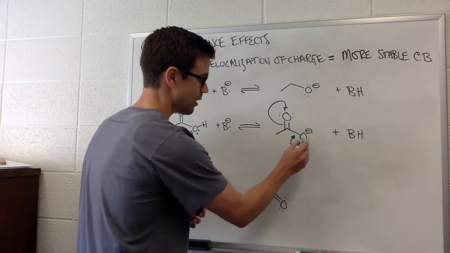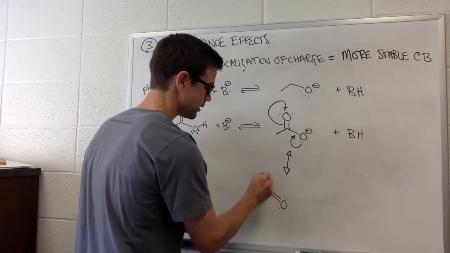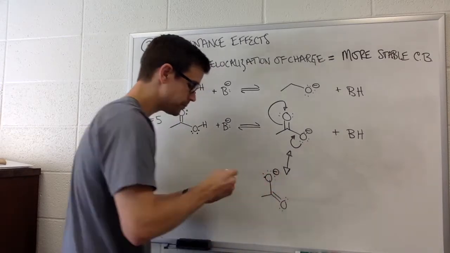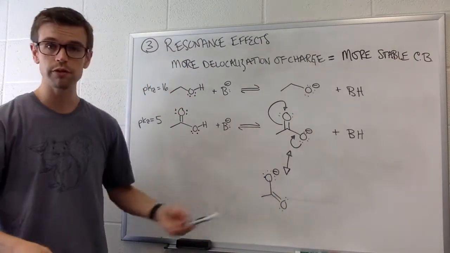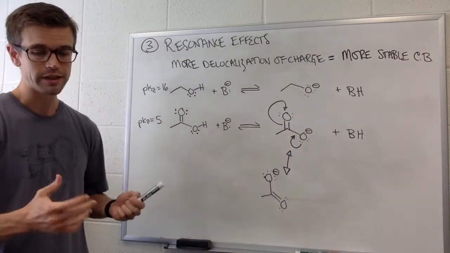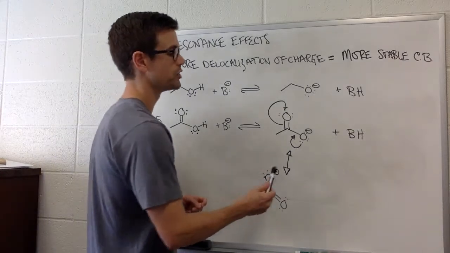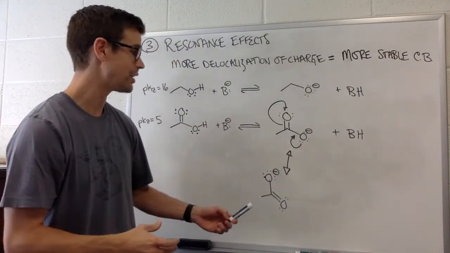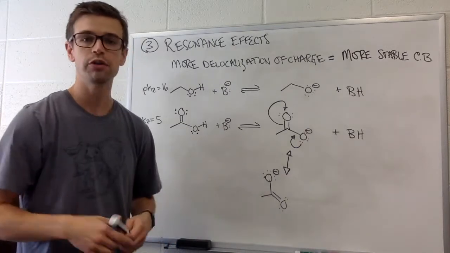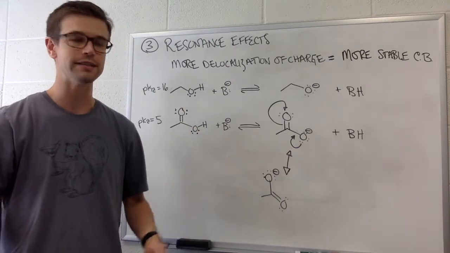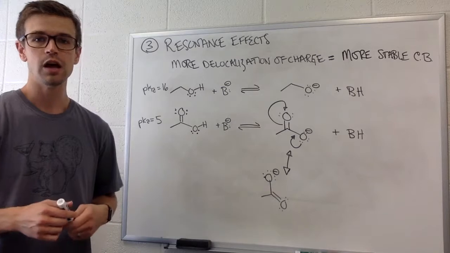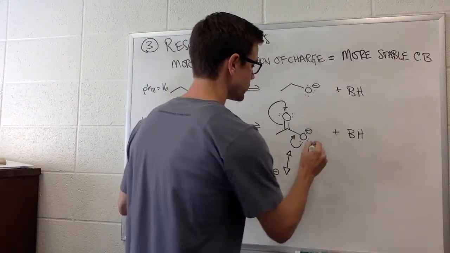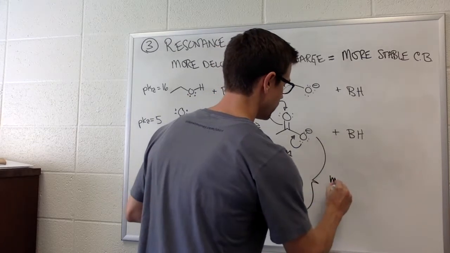This lone pair went down, so now this just has 2 lone pairs. This oxygen atom now has 3 lone pairs. And by drawing both of these resonance structures, we can see that the negative charge isn't localized on one oxygen atom here, but it's actually shared between both of the oxygen atoms, delocalizing that charge, making this a more stable conjugate base.